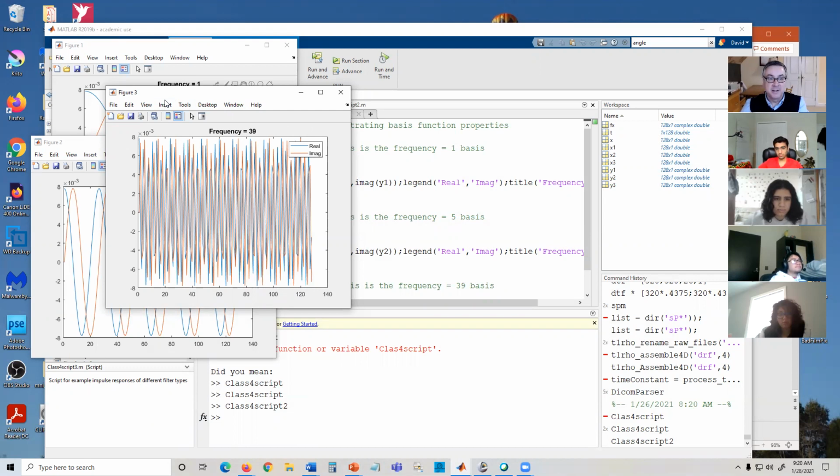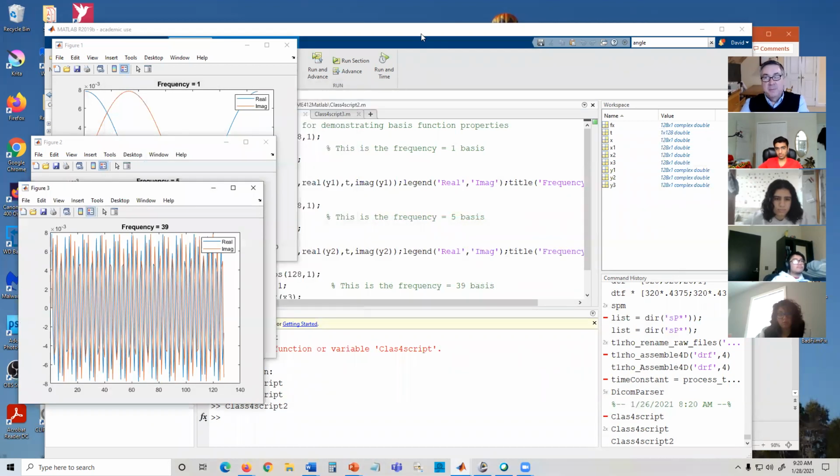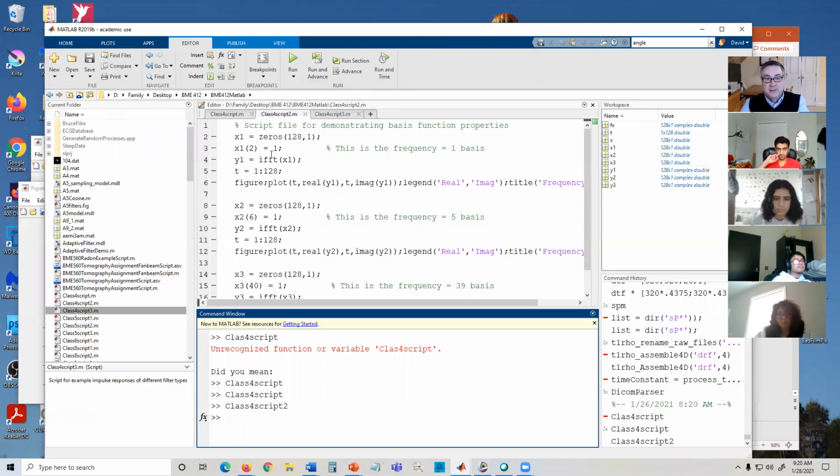Now, one other really important thing, and I'll remind you of this, but you're just going to have to get used to it. Because MATLAB starts counting vectors and arrays at element 1 instead of element 0, the frequency 1 term actually is element 2 of the array. The frequency 5 term is actually element 6 of the array, because the first element of the array, element 1, is 0 frequency.